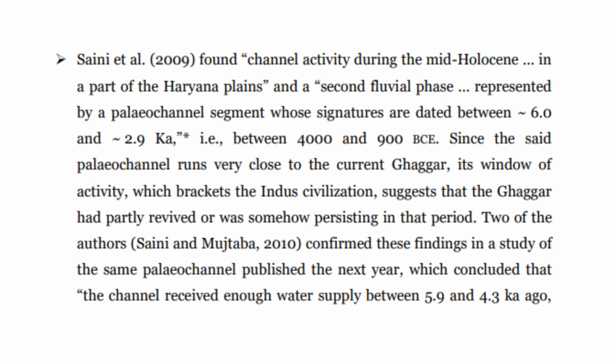Its window of activity, which brackets the Indus civilization or Harappan civilization, or as we currently call it, Indus Saraswati civilization, suggests that the Ghaggar had partly revived or was somehow persisting in that period of time. Both the authors, Saini and Mujtaba, in 2010 confirmed these findings in a study of the same paleochannel published the next year, which concluded that the channel received enough water supply between 5,900 and 4,300 years ago, or 5.9 and 4.3 kilo years ago.